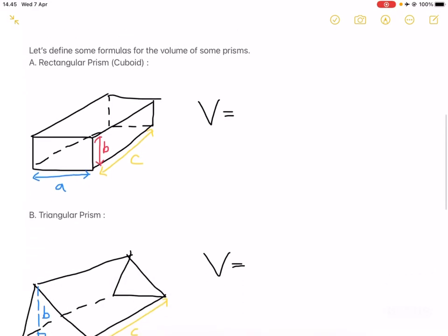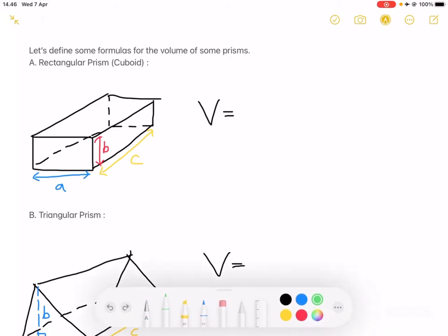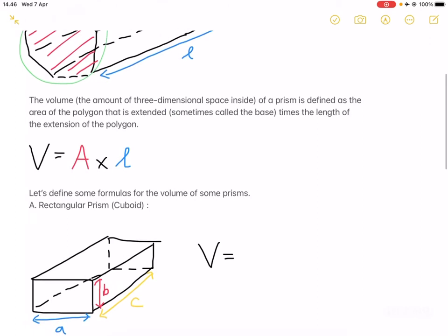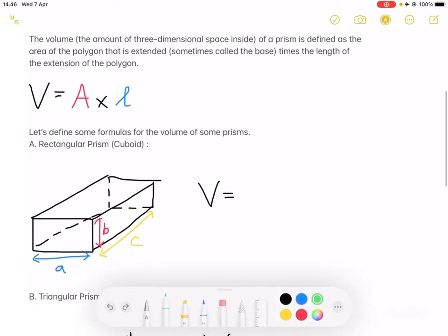Here we have dimensions A, B, and C as our sides, and using our formula that the volume of a prism is the area of the base, let's say I choose this one, the green region, times the length of extension, which in this case is C. Notice that the green shaded region is a rectangle, and the area of a rectangle is base times height, which is A times B. So the volume is A times B times C, or ABC.